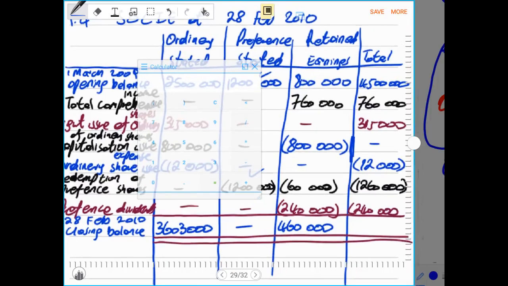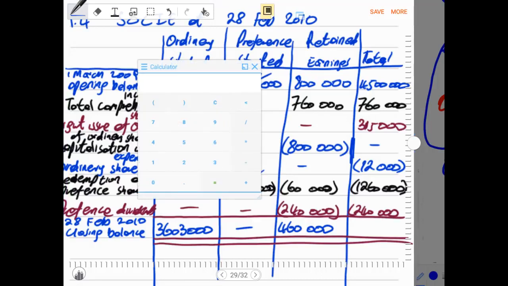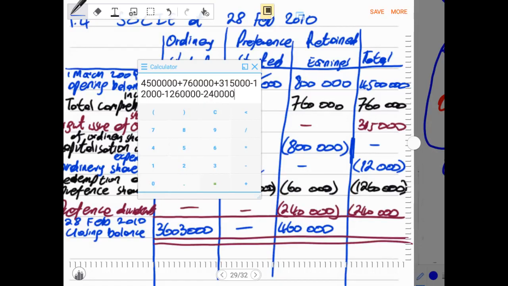Then now we go to the total column. Then under total now we have 4,500,000 plus 760,000 plus 315,000 minus 12,000 minus 100,000 minus 1,260,000 minus 240,000.